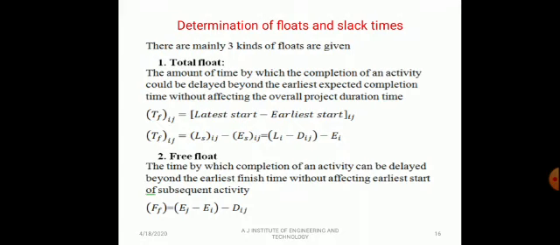Total float is equal to latest start minus earliest start of activity IJ.